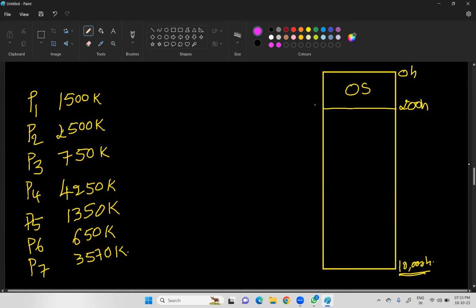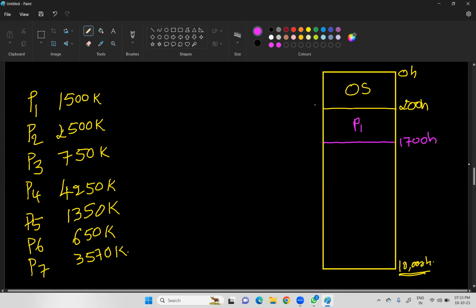From 2000 H, allocation always happens from lower memory level to higher memory level only. Please remember this. The first one is 1500 H, plus the previous value 2000 H, so 1500 plus 200 will be 1700 H, the last and final address of process P1.